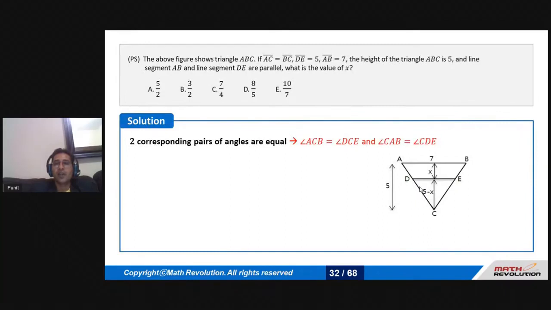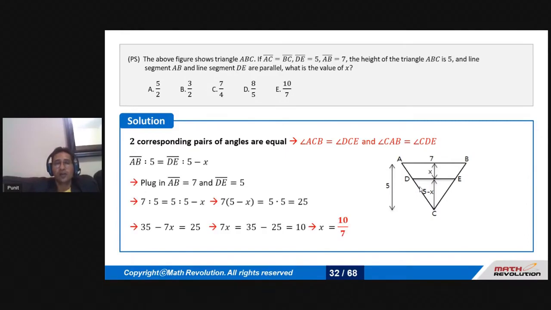Angle ACB is equal to angle DCE, and angle CAB is equal to angle CDE. The two corresponding pairs of angles are equal.